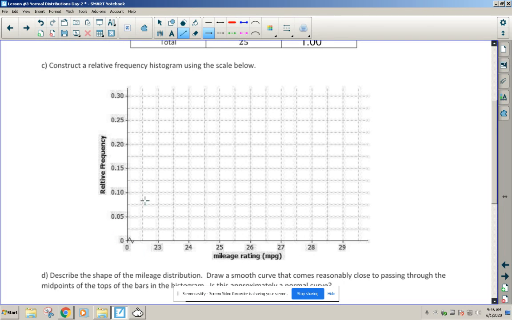And notice that you're going up to relative frequencies, and each number is in between. So if this is going up to 4%, whoops, I got to get rid of the arrow. You're stopping before the 5.